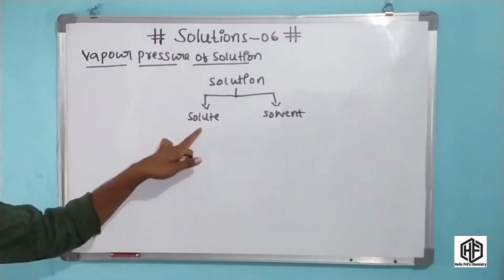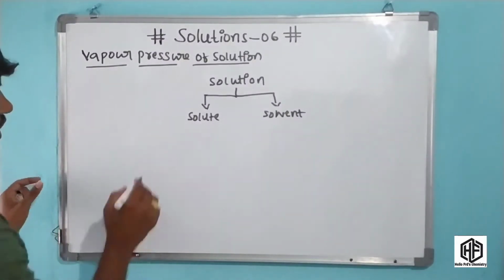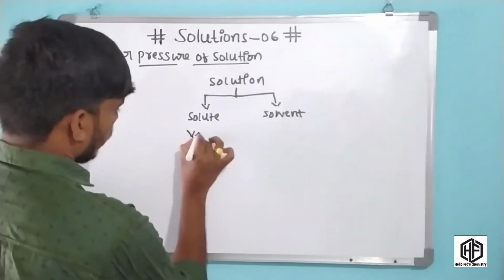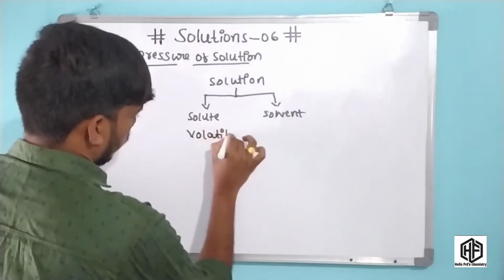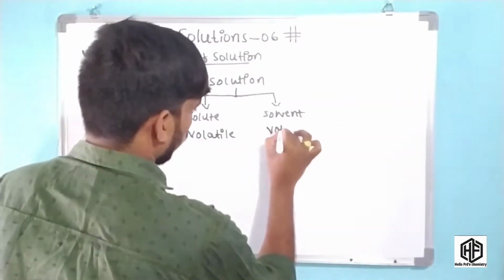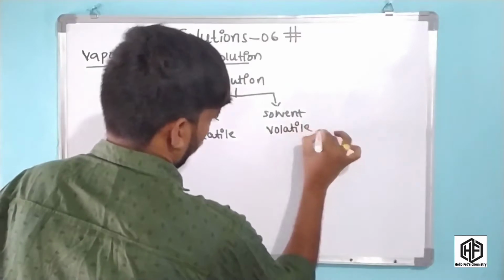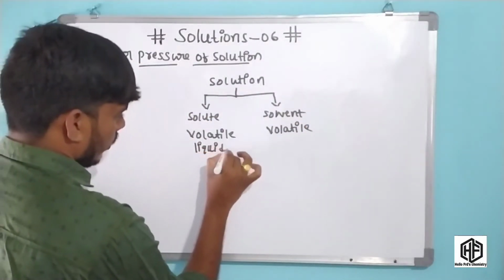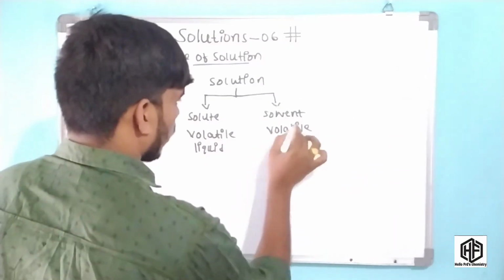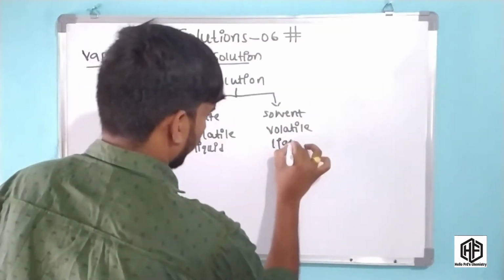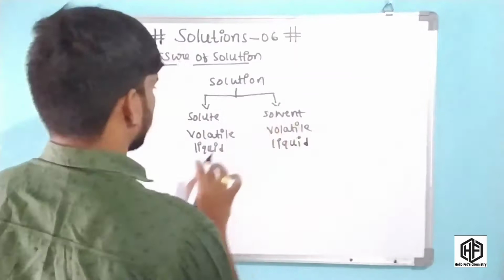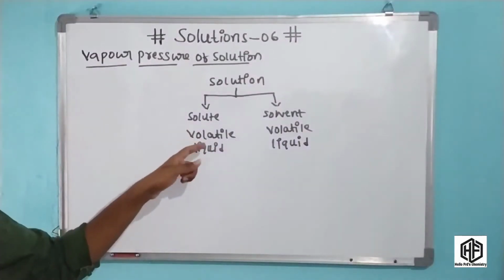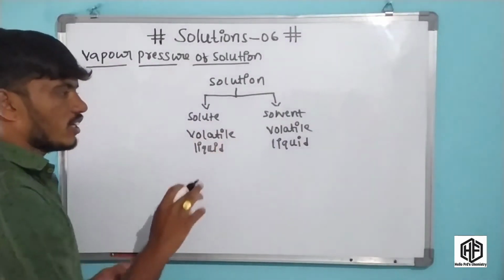Now in this video I am discussing solute plus solvent. The solute is volatile and the solvent is also volatile. It means the solute is a liquid and the solvent is also a liquid. So both solute and solvent are volatile substances.